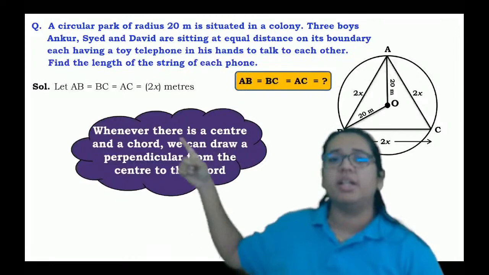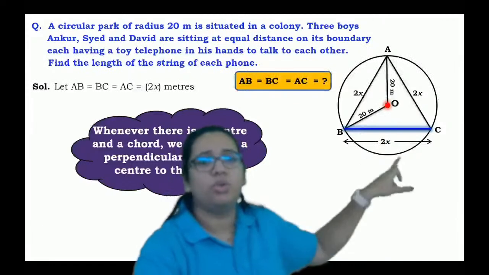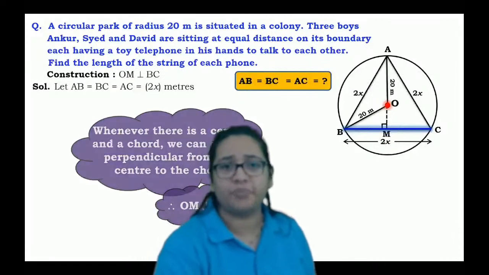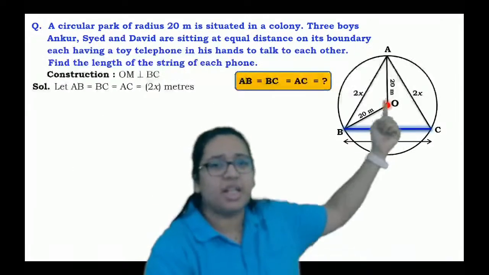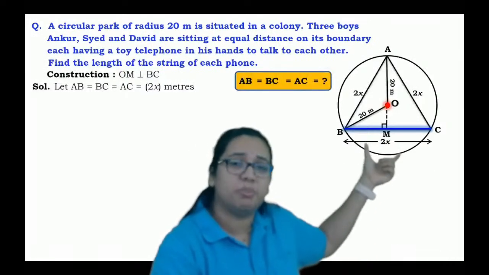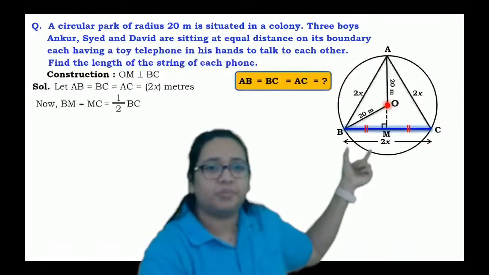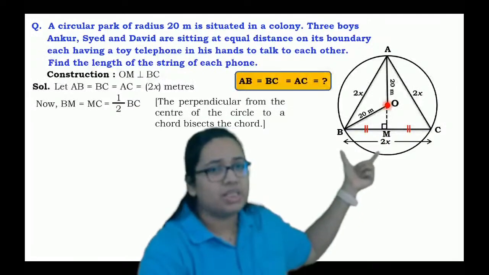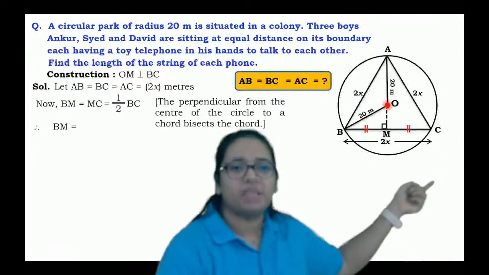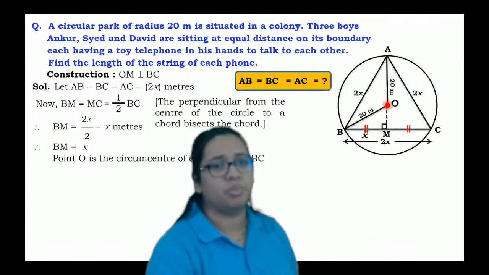There is a center and chord, so obviously you can draw a perpendicular from the center to the chord, and suppose it is OM. If OM is perpendicular to BC, then M will work as the midpoint. Now BM is nothing but half of BC, as BC is equal to 2x, therefore BM is x meter.